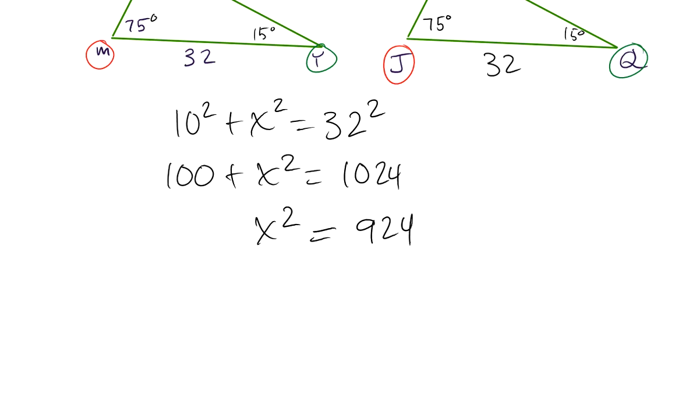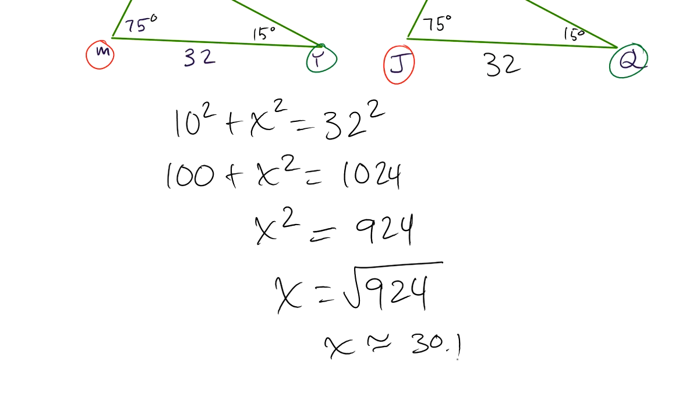And I don't think that's a perfect square. If I take the square root of both sides, because this is a geometric setting, there's two solutions to that equation, both the positive and negative. We're just looking at the principal root here. And the square root of 924 is about 30.1. And so x is about 30.1.